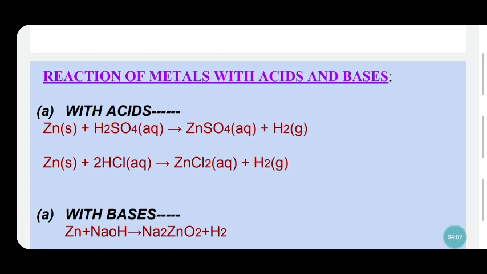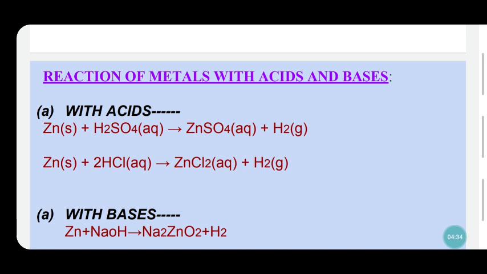If you are ready to test the nature of the gas, take a matchstick, light it and show it near the mouth of the test tube. The gas burns with a pop sound and goes off. The gas is identified as hydrogen.